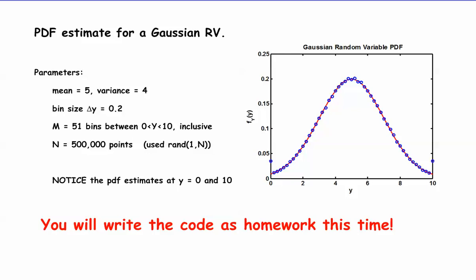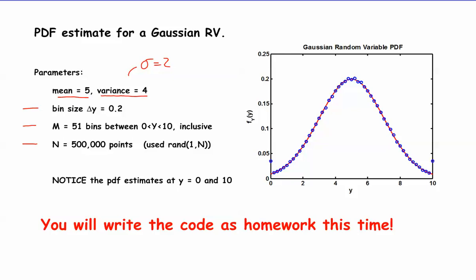I assumed for this particular problem that I had a mean of 5 and a variance of 4, meaning that my standard deviation is 2. I assumed that my bin size was 0.2. I assumed that I had 51 bins over the range 0 to 10.